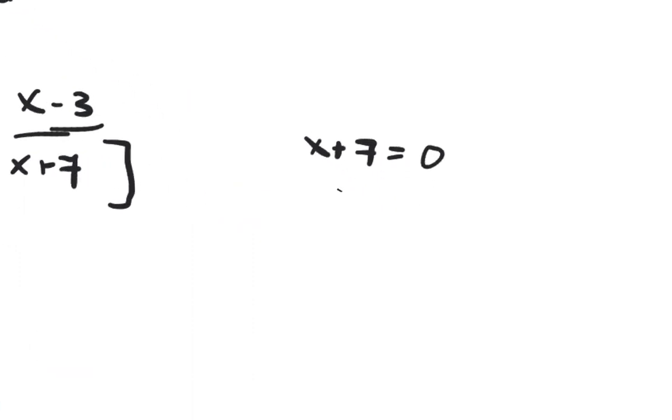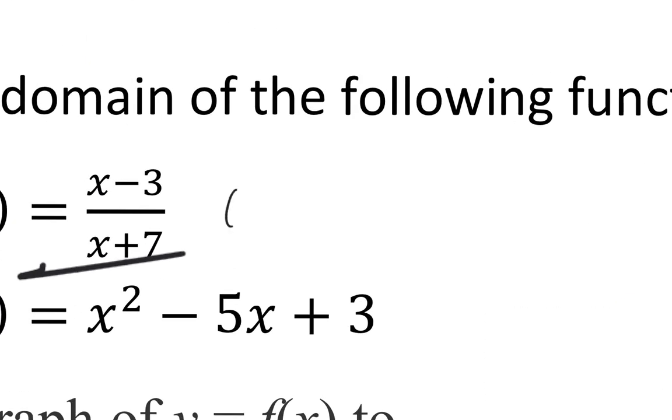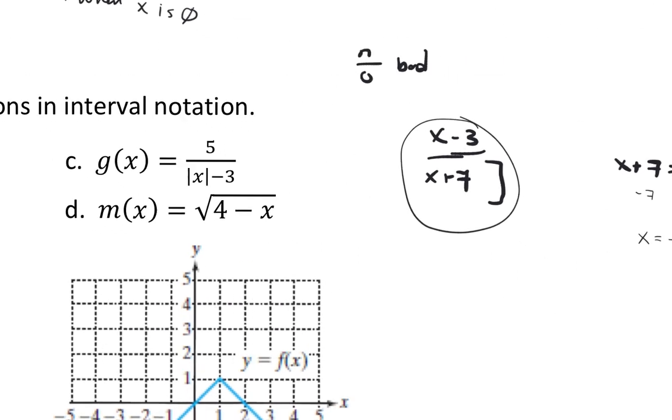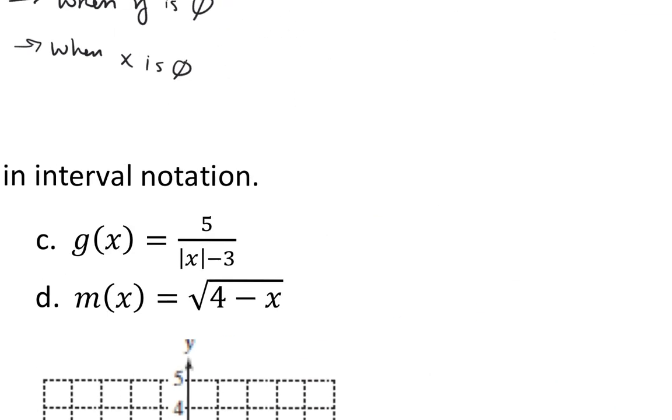Subtracting 7 gives us x at a value of negative 7. So negative 7 is the only point where our function does not work. That gives us an interval from negative infinity to negative 7, union negative 7 to infinity.